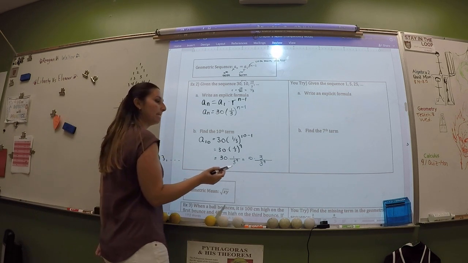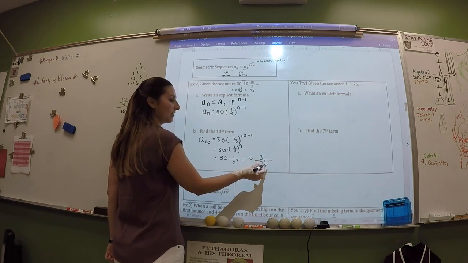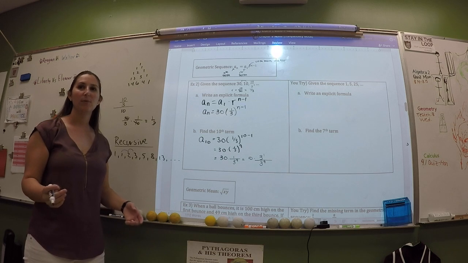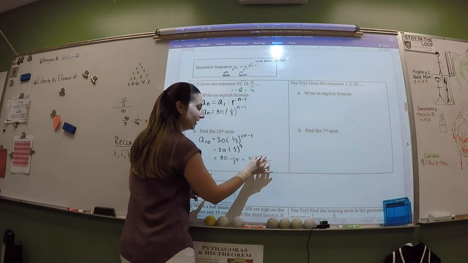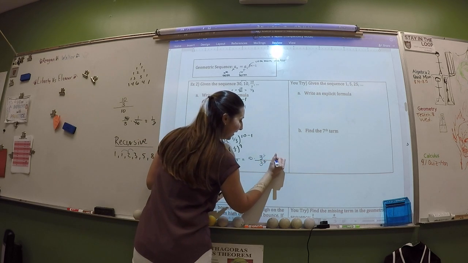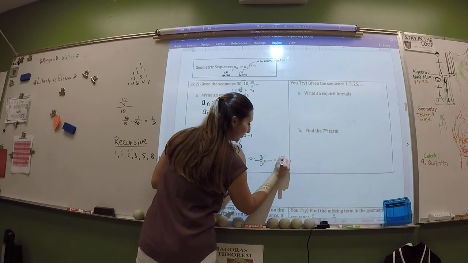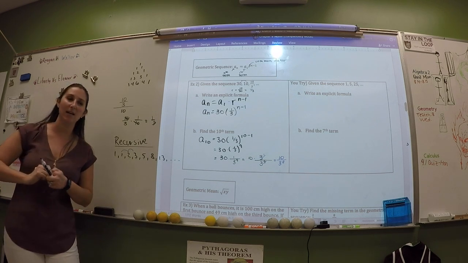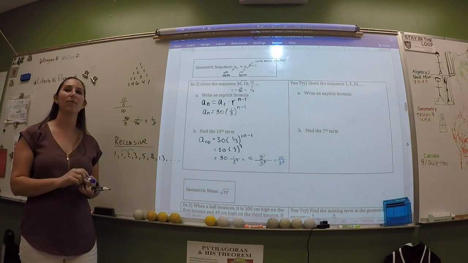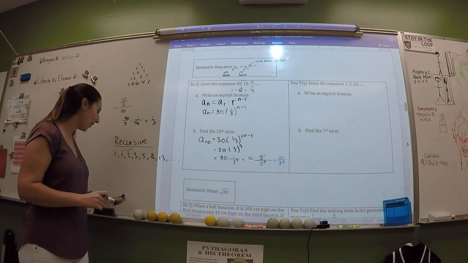It's easier to show. If this is 1 over 3 and there's 9 3s on the bottom, we can cancel a 3 and get 10 over 3 to the 8th. And then if we can figure out what 3 to the 8th is, then we can just do 10 over that.